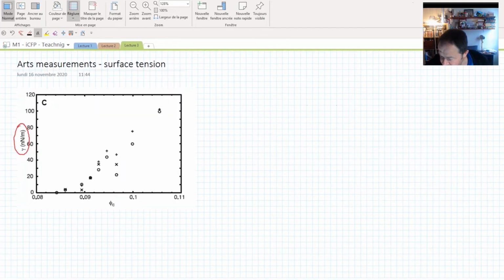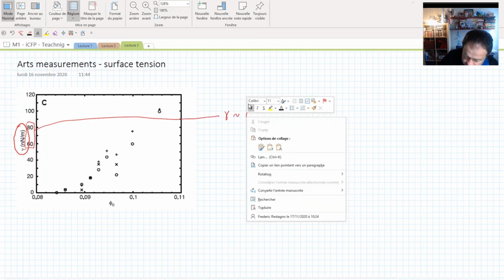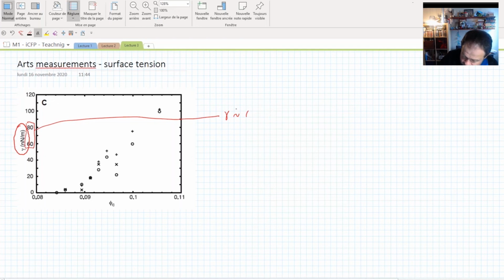And if they do that, they measure some value of the surface tension, and you see two things. First of all, the values here are much smaller than the ones we are used to.